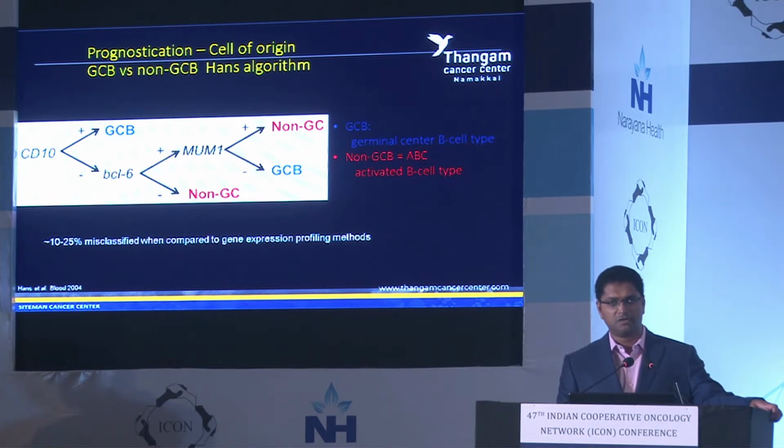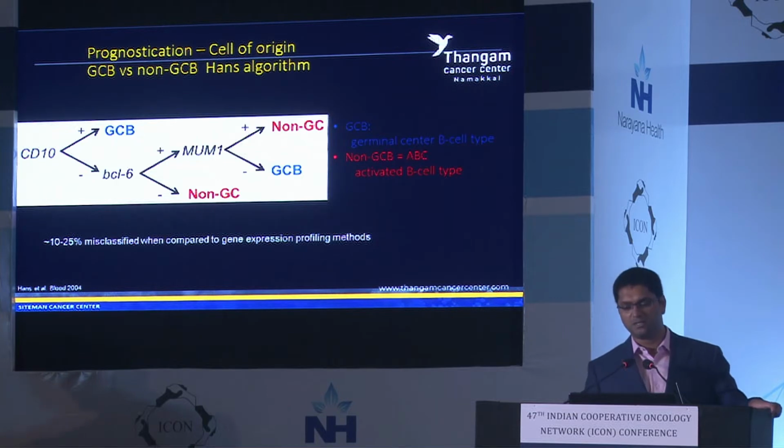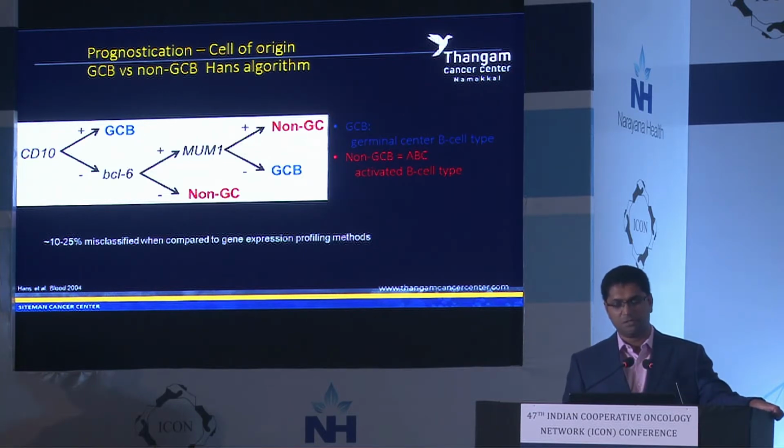This is the Hans algorithm, IHC, which determines whether the DLBCL subtype is GCB or activated B cell. The problem in this is, right now, in the post-rituximab era, it did not prognosticate well. People treated with rituximab did not show a difference in the outcomes of GCB and ABC subtypes. And 10 to 25% were misclassified when compared to the gene expression profiling methods.